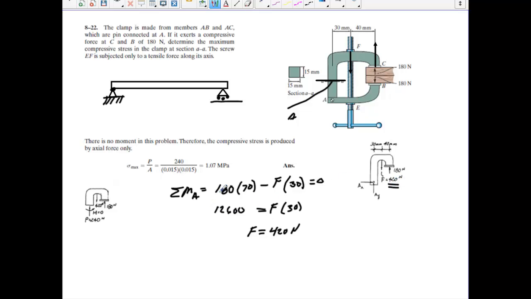Now at this point, there's no moment at A. However, the next thing you would do would be sum the forces in the y direction and set that equal to 0. When I do that, I got 420 coming down. So I'd say minus 420 coming down, plus 180 going up, plus the force here, which has to resist, so we know the reaction has got to go back up.